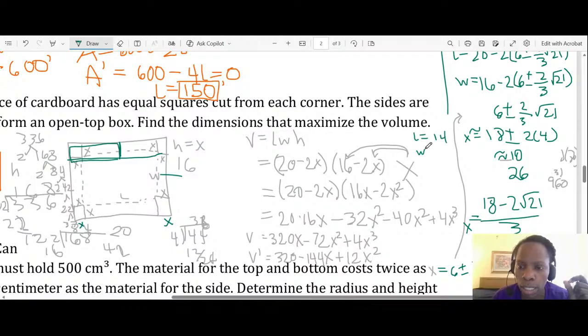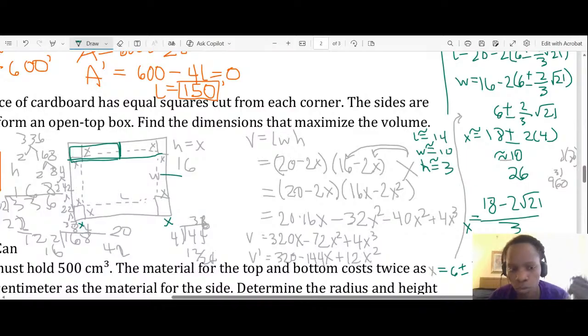The width, 16 minus 6, is about 10. And x, or the height, is about 3. So that will be the dimensions that will maximize the volume. Now, these are all estimations. If you want exact values, you can calculate the exact value, and we can discuss it. Go ahead and put it in the comments so we can look at it.